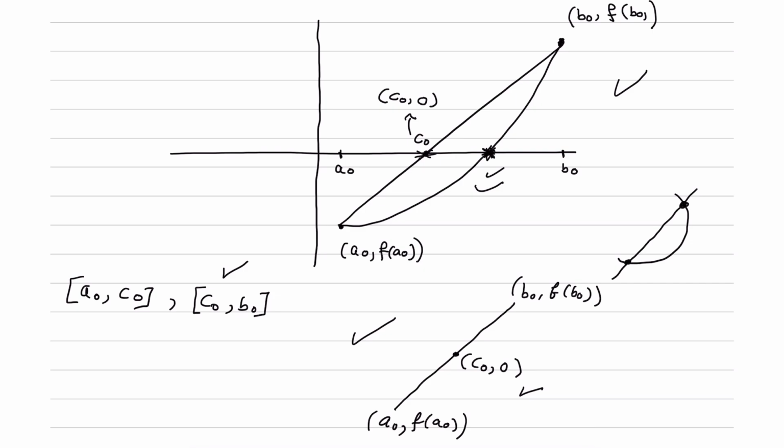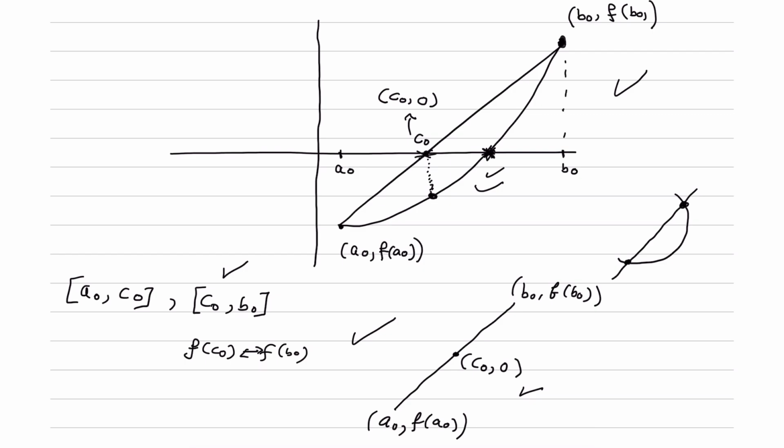What we will do is join f of c naught with f of b naught by a straight line to get the next false point. Opposite to c naught on the curve, we have f of c naught, and this is b naught. f of b naught is this point.